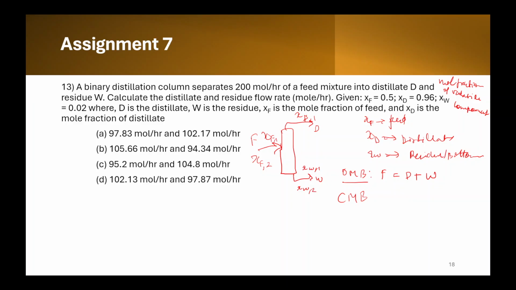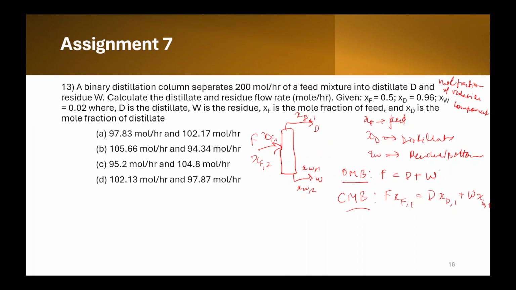So we are basically given XF1, XD1, and XW1. So we can write the component material balance: F into XF1 is equal to D into XD1 plus W into XW1.